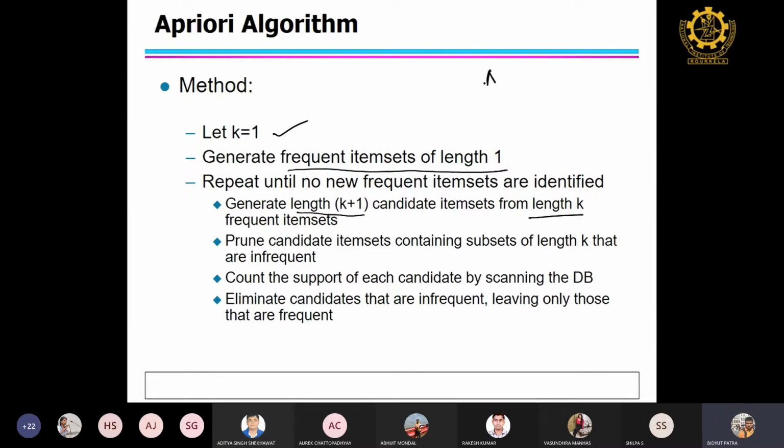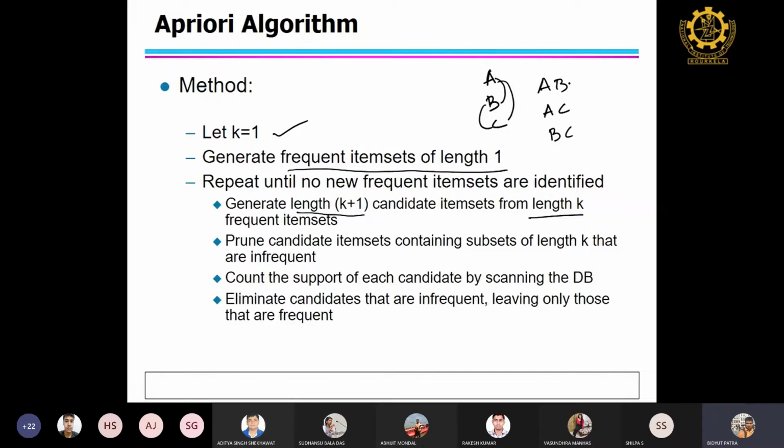Basically, suppose you have A, B, C. These are the frequent items. How do you make two-item frequent sets? You combine A with B, you get AB. Combine A with C, you get AC. Then you combine B with C, so you get BC. Now consider all three are frequent. Then how do you make item sets with length 3?